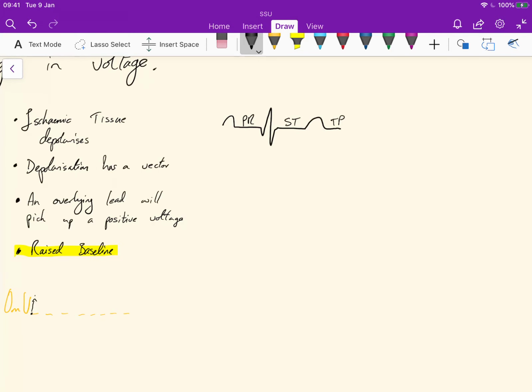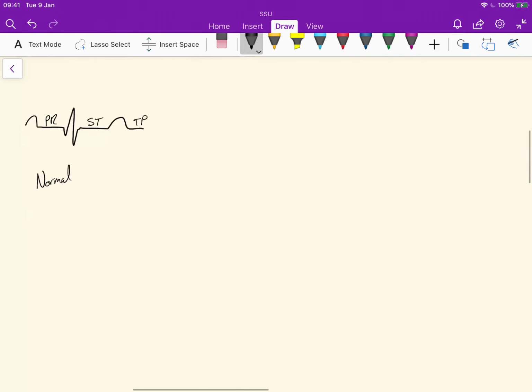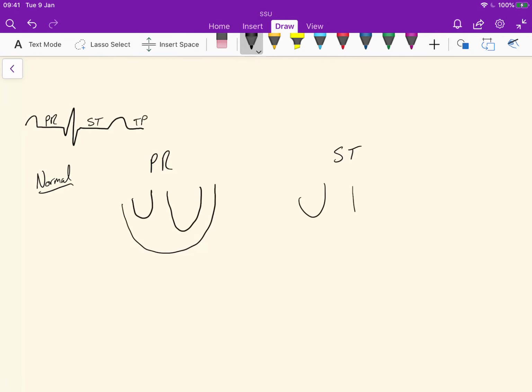So, in normal, healthy tissue, in the PR interval, the ventricle looks like this. It's not depolarized. It's at rest. In the ST segment, the heart is depolarized.